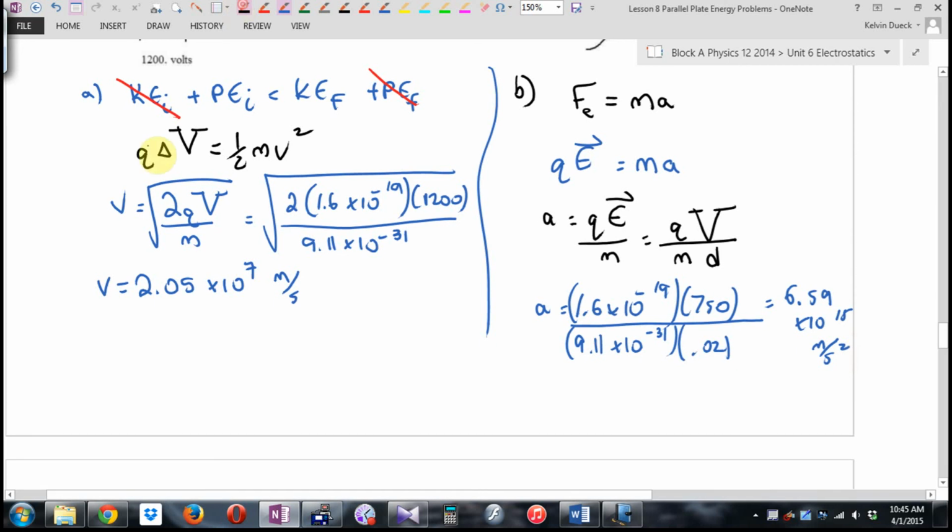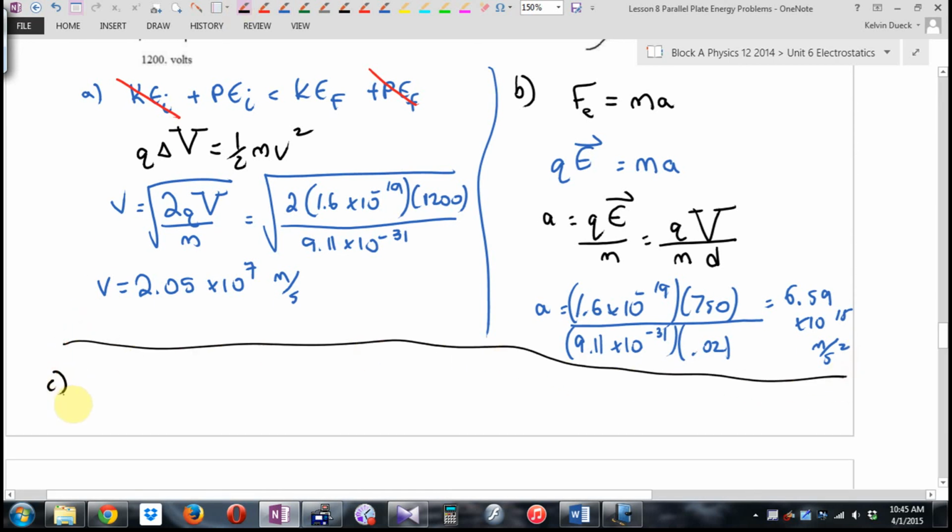What else could I ask you to find? Time to travel through the deflecting grid. It's going to be this: d equals v_i t plus a half a t squared.